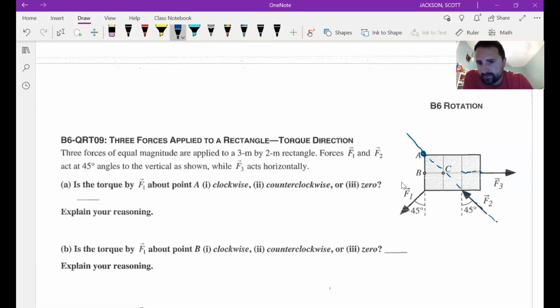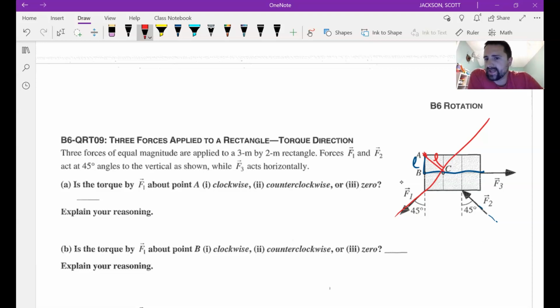The next one, F3, I could do it like this and say that's the lever arm right there. And then I have to find the lever arm of F1, so extend that force line out, axis of rotation there.